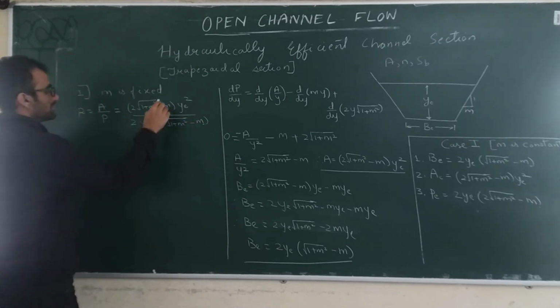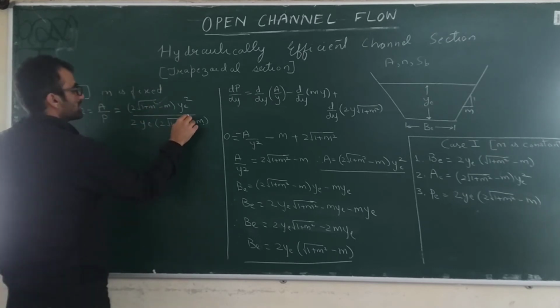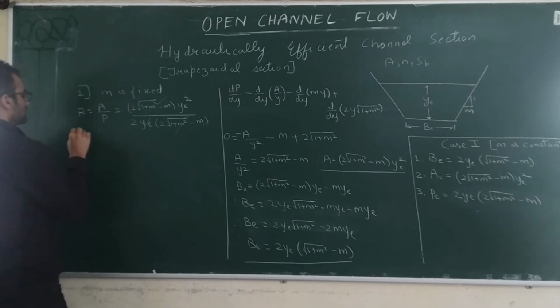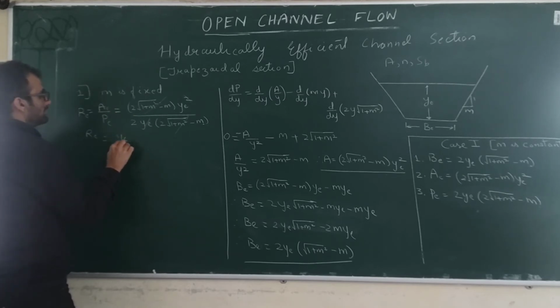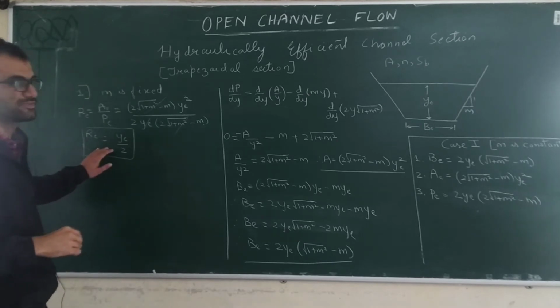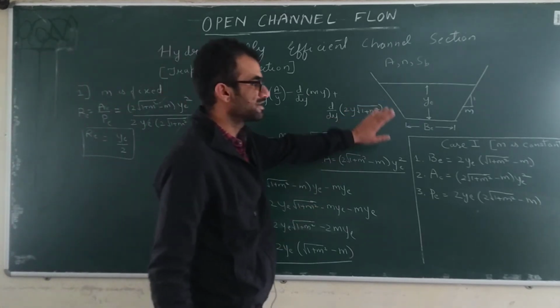Now this 2 under root 1 plus m square minus m will get cancelled, and ye will also get cancelled. So Re will be equal to ye by 2. So the hydraulic radius should be half of the flow depth for a hydraulically efficient section.